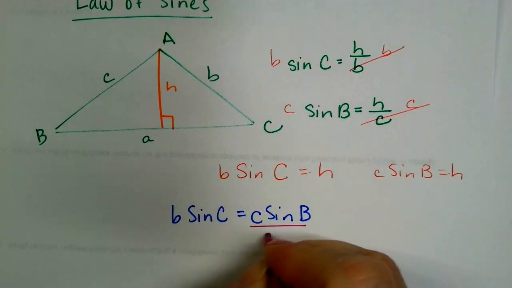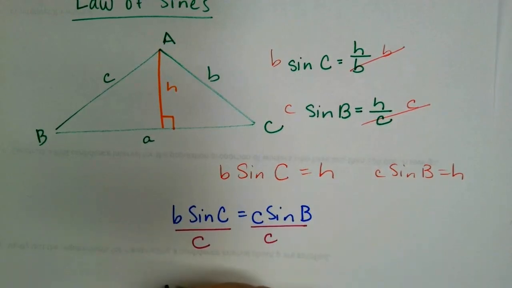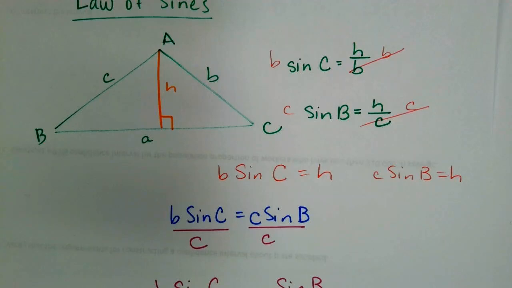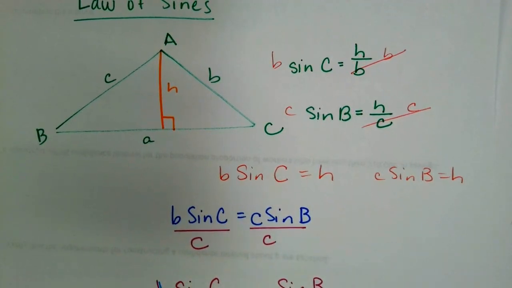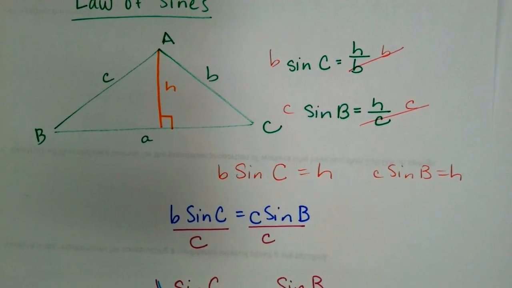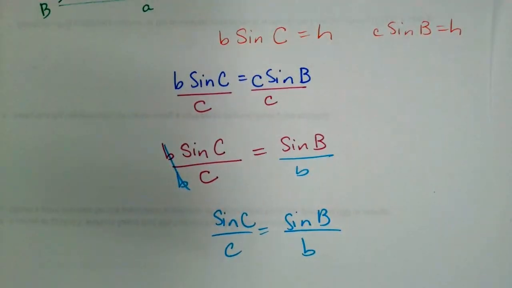If I divide both sides by C, that gives me B sine C over C equals sine of B. And then if I divide both sides by B, I get sine C over C equals sine B over B. And that is the basis for the law of sines.